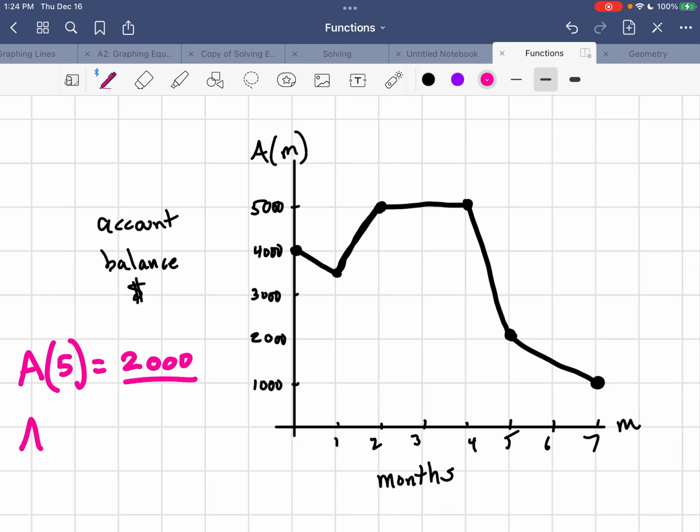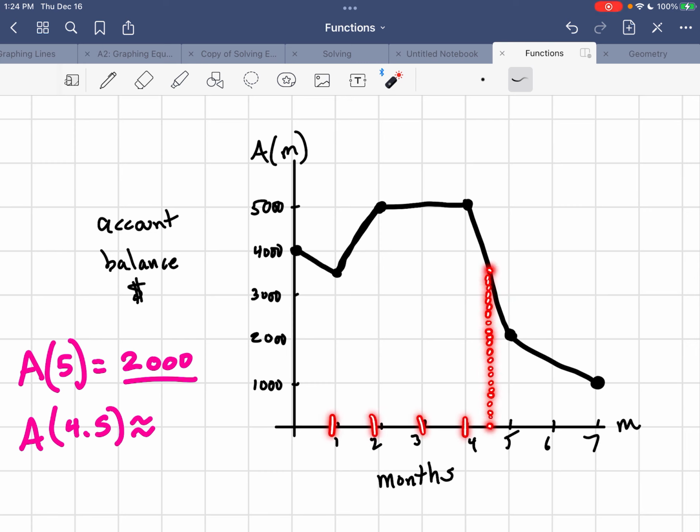All right, so if I did A of 4.5, again, we're going to estimate. It's good to use the estimate symbol. 1, 2, 3, 4. 4.5 is here. Go straight up. And we're looking at this number here, which looks like to be about 3,500.